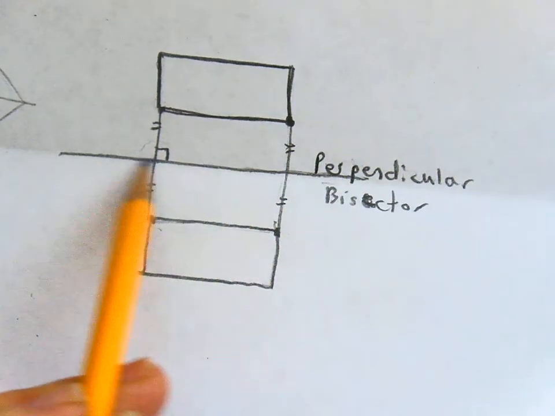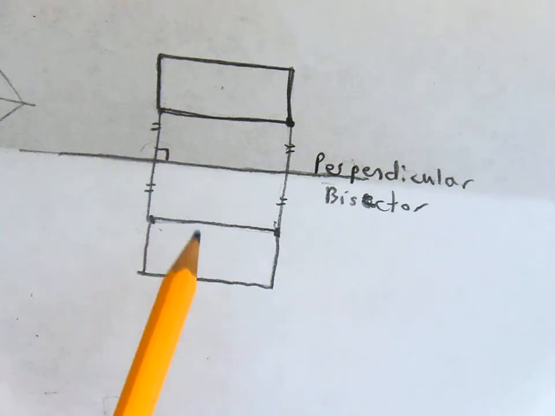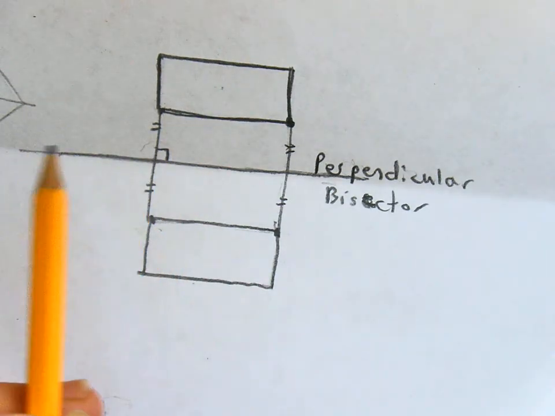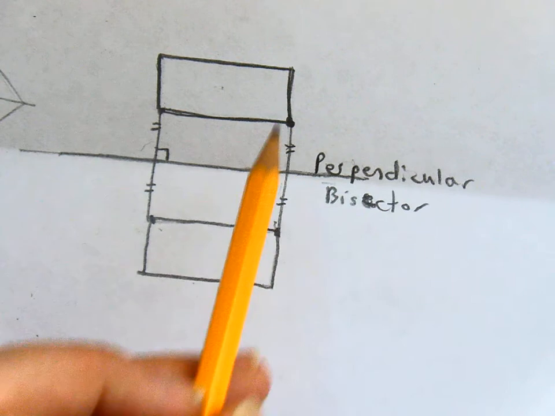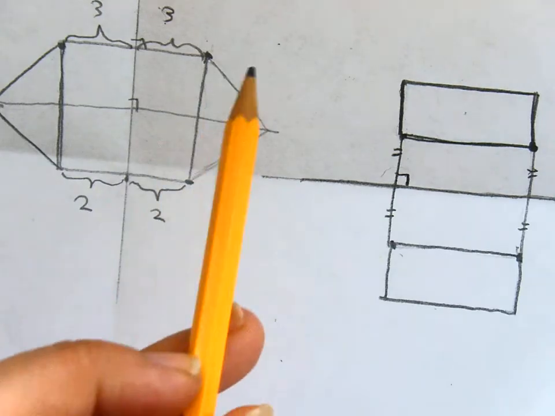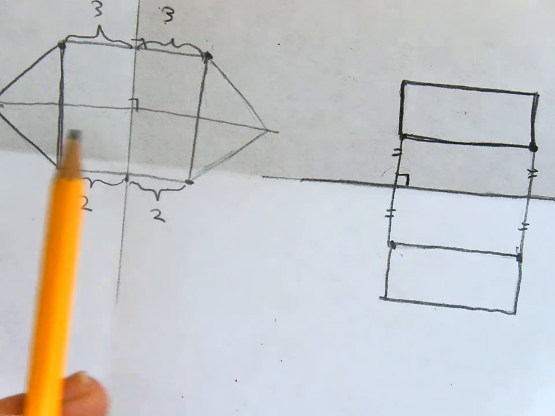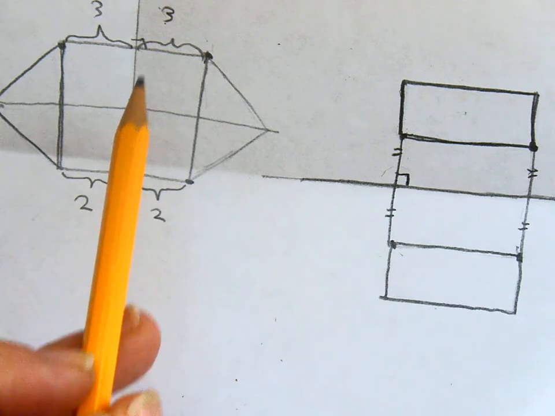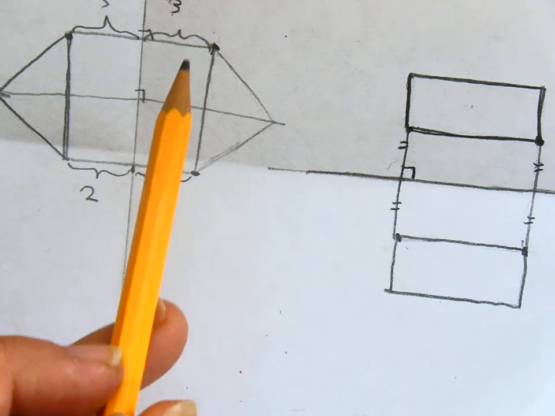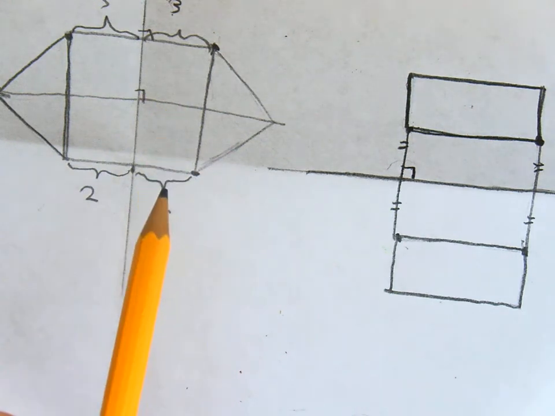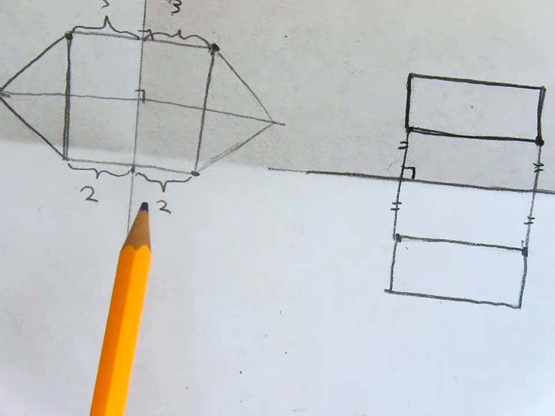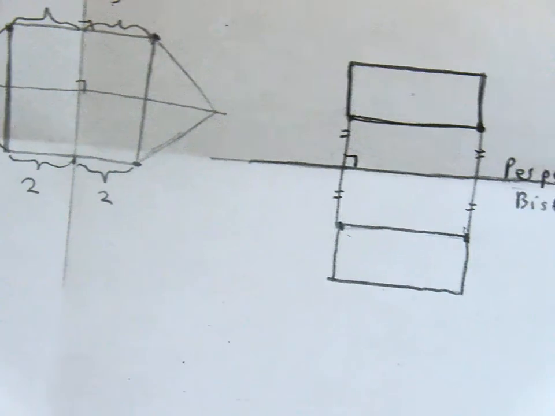The line of symmetry that you use to reflect an object across is going to be a perpendicular bisector. Even if these parts were further away, it still holds. These are all parallel, which means they'll never intersect, and the line of symmetry is the perpendicular bisector of them.